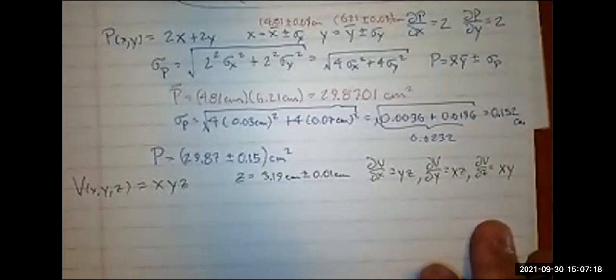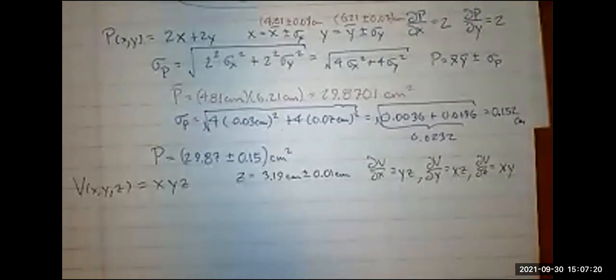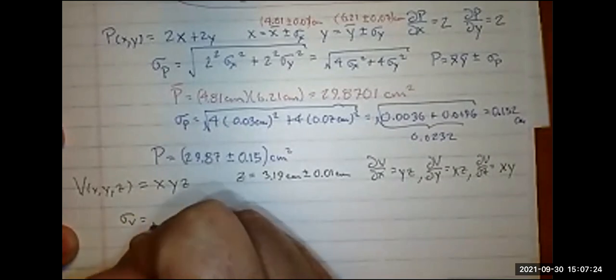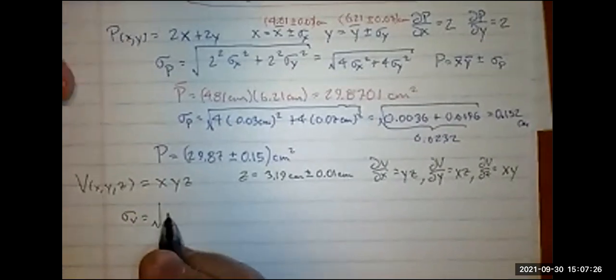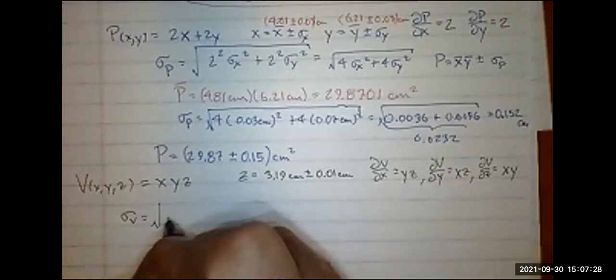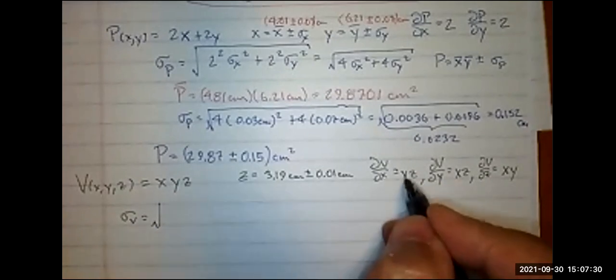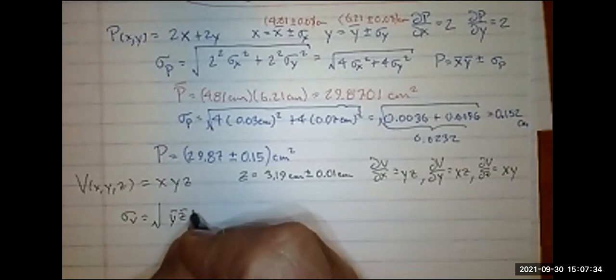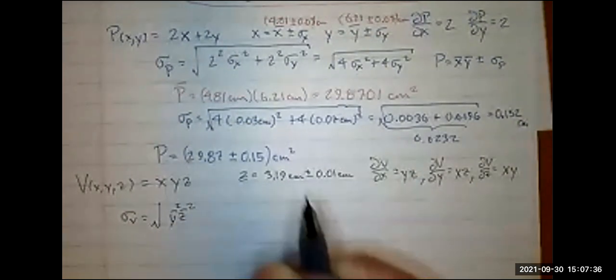Okay. So I think this is enough examples for you to understand how to do partial derivatives, because you're not supposed to necessarily know how to do that yet, and that's fine. So now I'm going to use my formula and say sigma V is equal to the partial of V with respect to X, which is YZ. Now that's interpreted as Y bar Z bar. So I'm going to write Y bar Z bar squared, because I got to square the derivative.